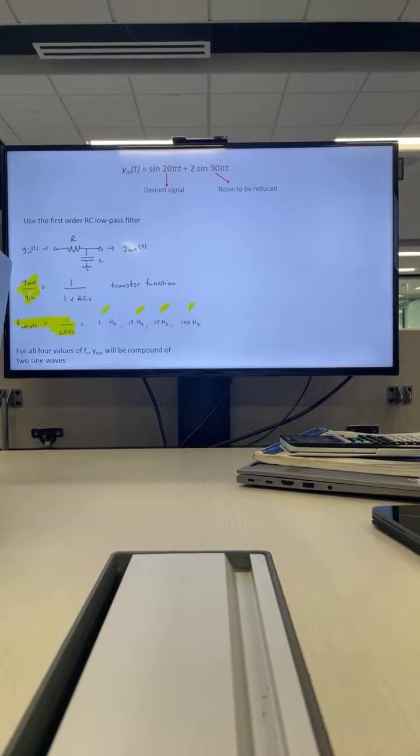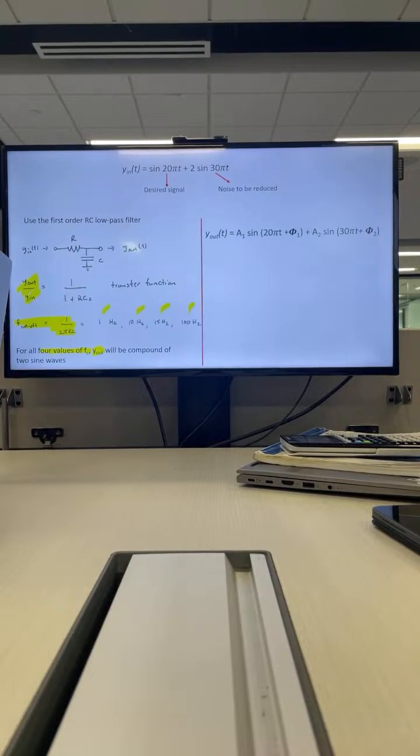Now, as I told you, you should have 4 values of FC, the cutoff frequencies, and Y out also will be a compound of these 4 values with the two sine waves. That is the 10 hertz and the 15 hertz signals, or the angular frequencies of 20 and 30 pi.